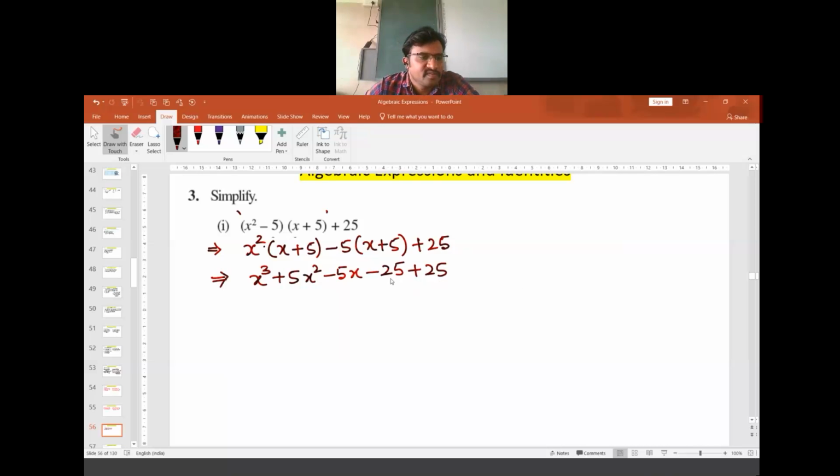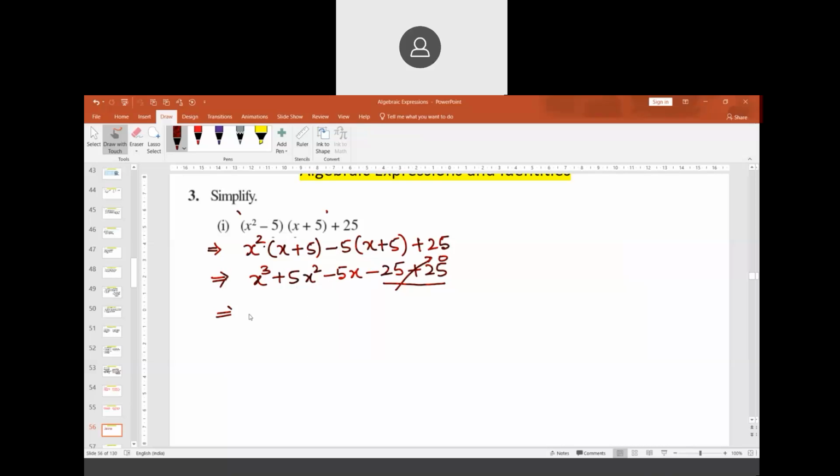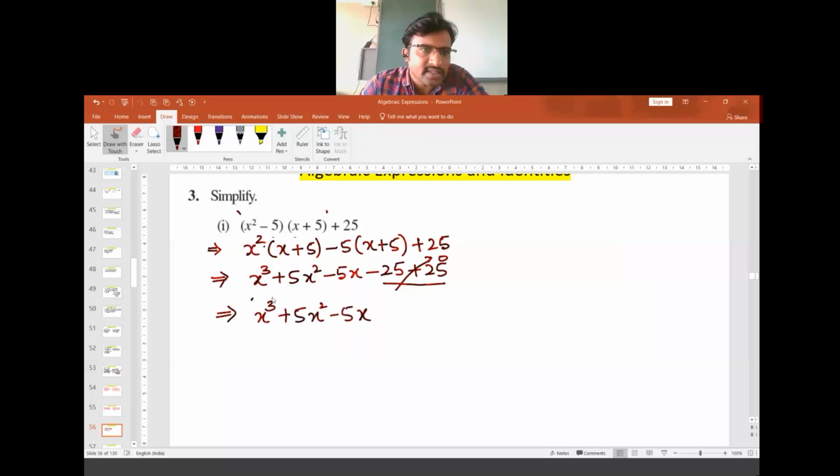He told it is 50. Actually, it is minus 25 added to 25, and this becomes 0. The rest of the terms have to be written: x cube plus 5x square minus 5x square minus 5x. Understood?